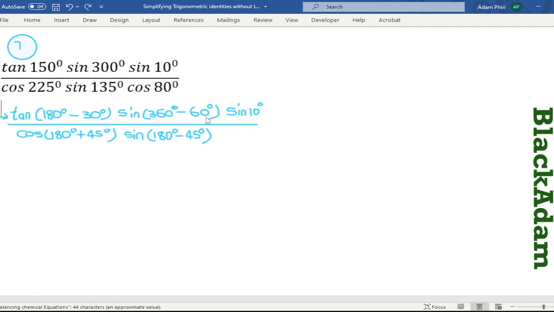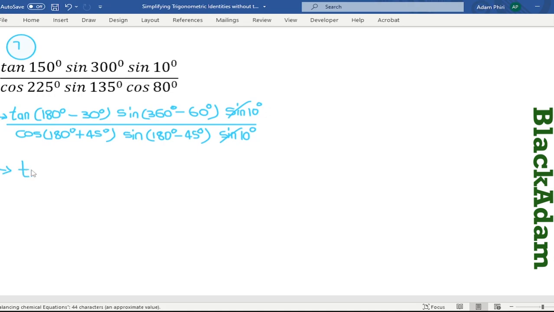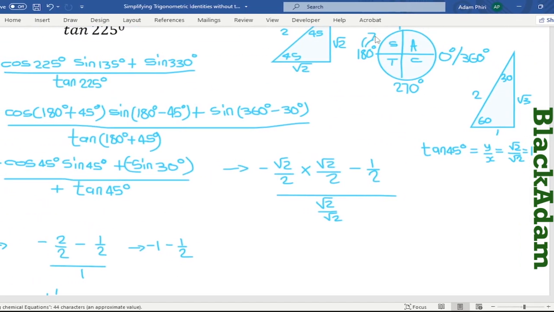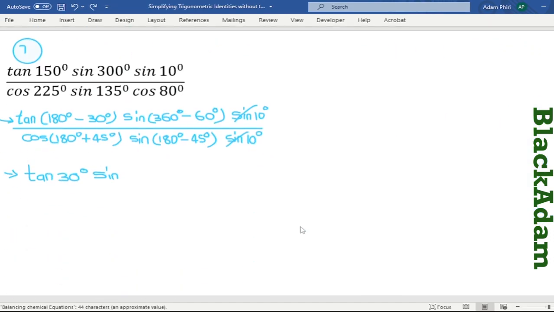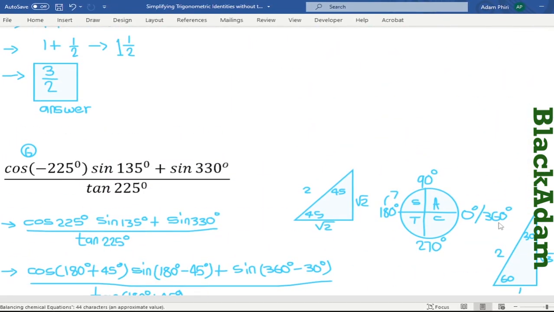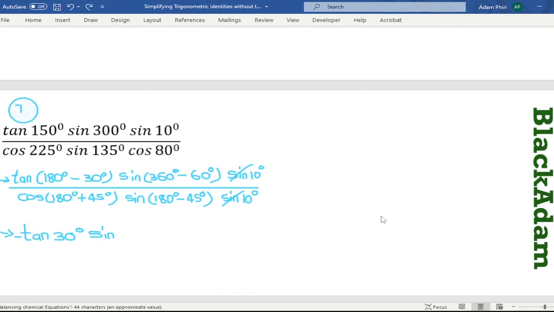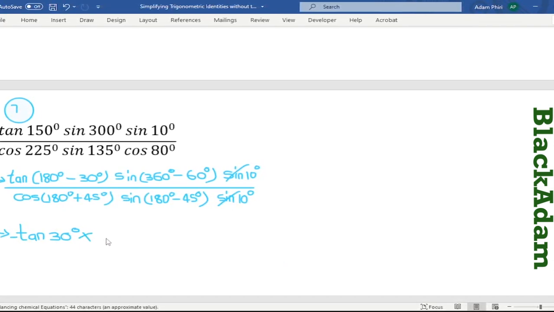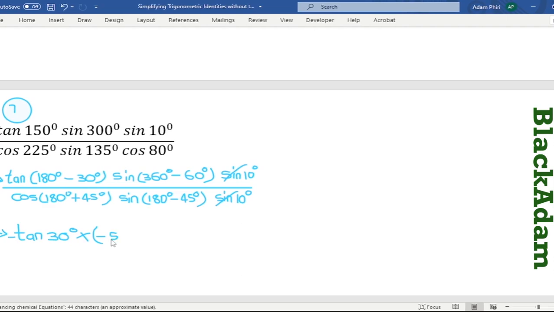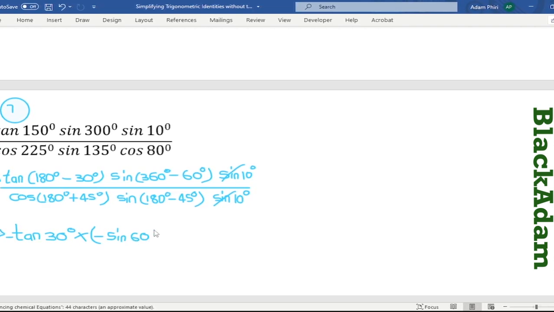And then cos 180 degrees will be sin 10 degrees. So the sin 10 over sin 10 cancels out, so we have tan 30 degrees there, negative for tan, and then for sin of 360 minus, multiplied by negative sin 60 degrees.